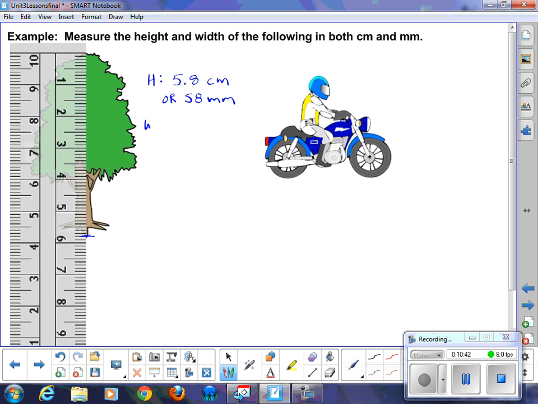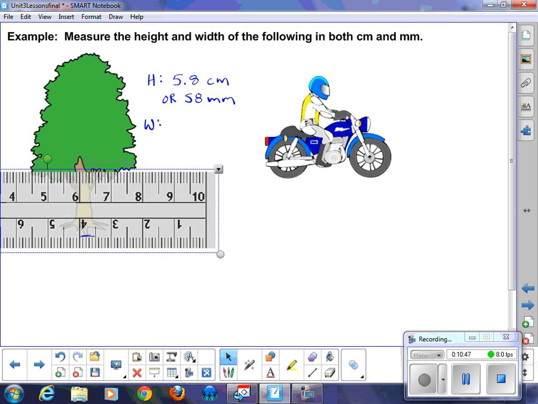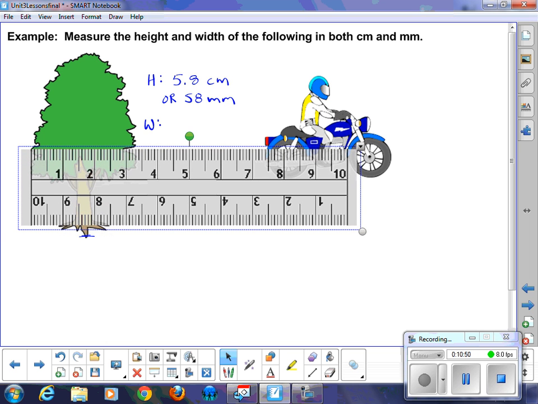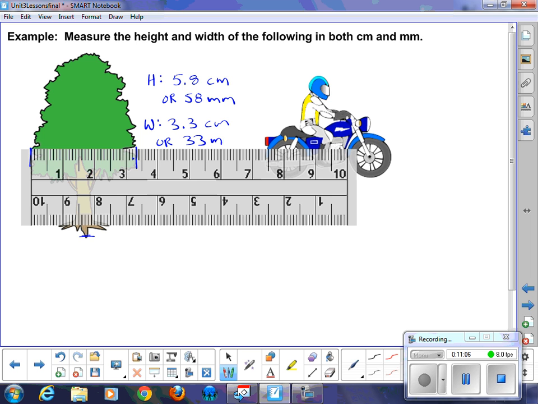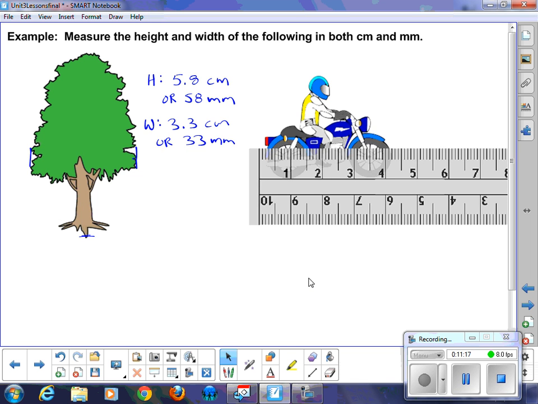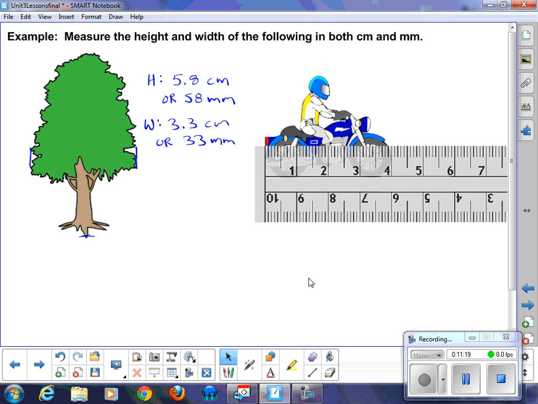Okay? What's the width of this tree? So now you take your ruler, swing it sideways, look for the widest part of the tree. There it is there. So I would say the width of the tree goes from there to there. And you see that it's 3.3 centimeters, or 33 millimeters. Now you can't go any more accurate than 33 millimeters because our ruler only allows for that degree of accuracy. All right. So now the motorcycle. Just one last example. So we go from the back of the motorcycle to the front.